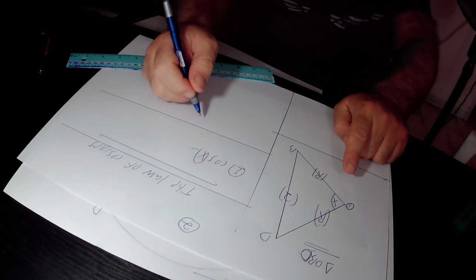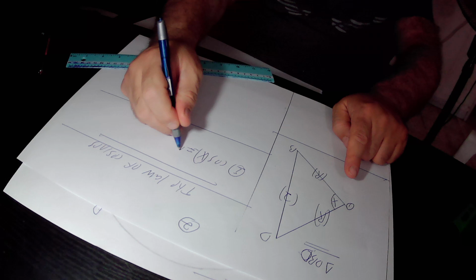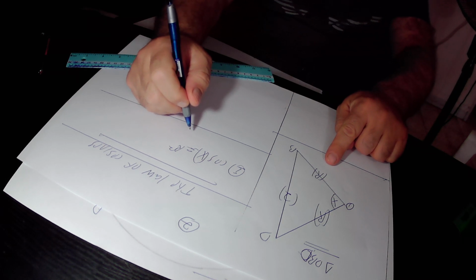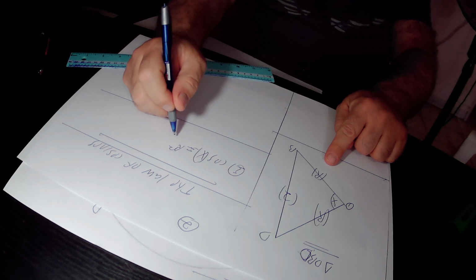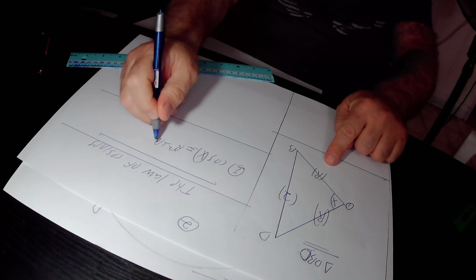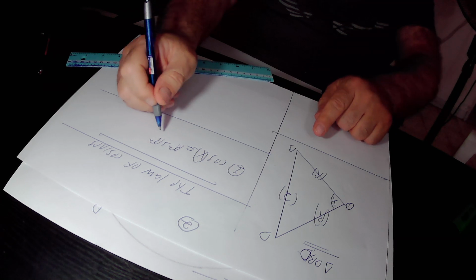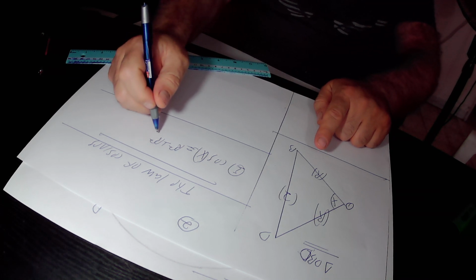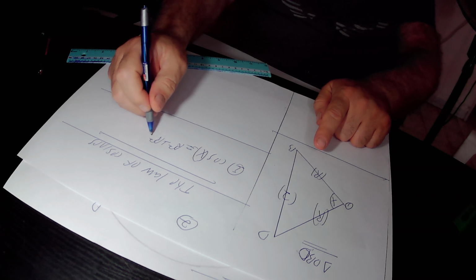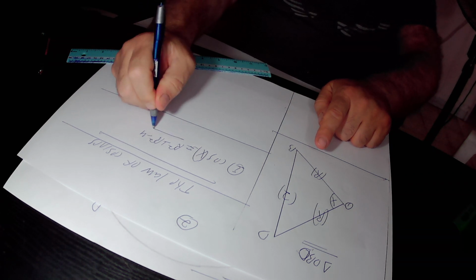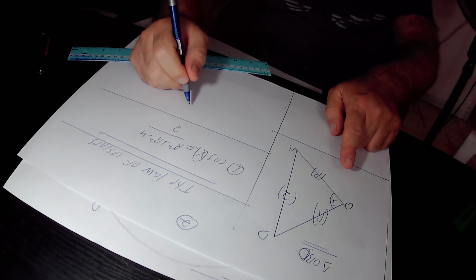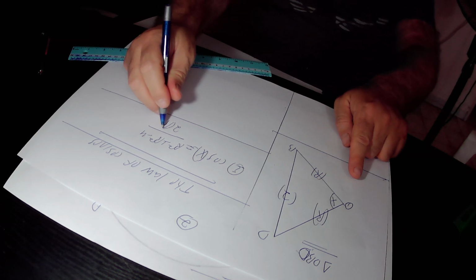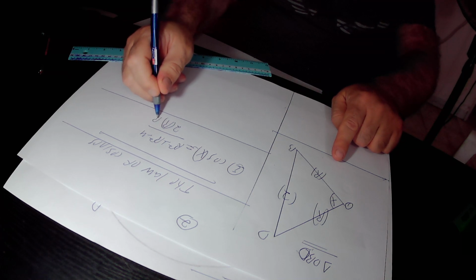OD is R, therefore OD square is R square, plus OB square. OB is also R, therefore OB square is R square, so it is plus R square minus DB square. DB equals 2, therefore DB square is 4, so it is minus 4, divided by 2 times OD, OD is R, times OB, OB is also R.